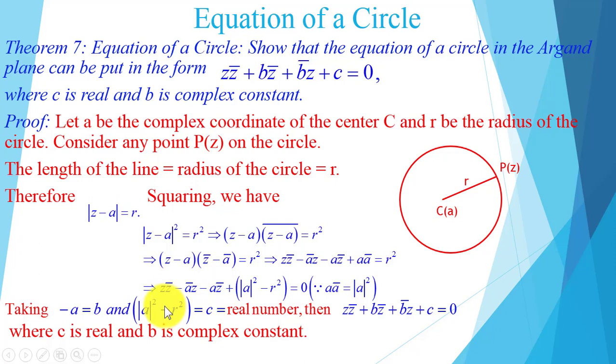This implies that z z bar minus A bar z minus A z bar plus modulus A square minus R square is equal to 0, as A times A bar is equal to modulus of A square.